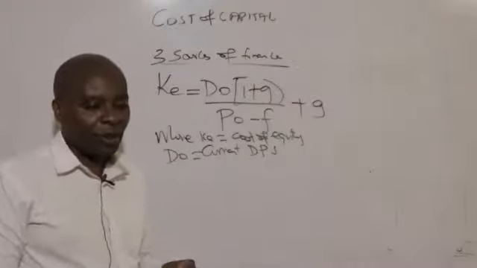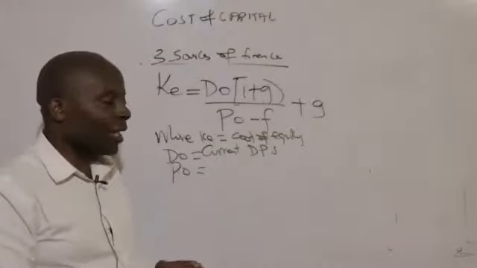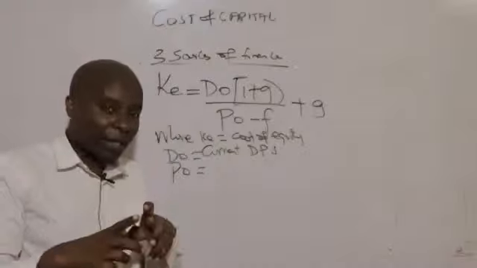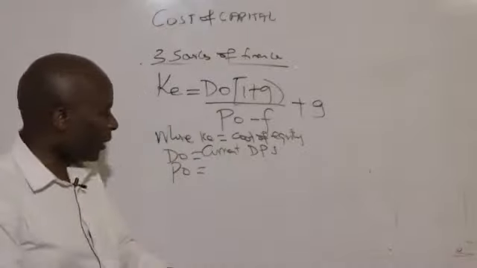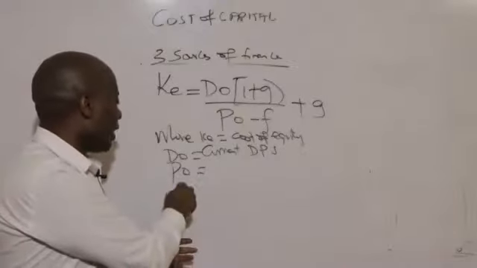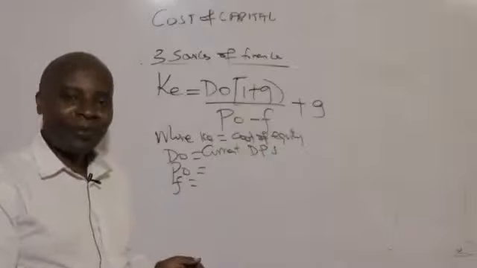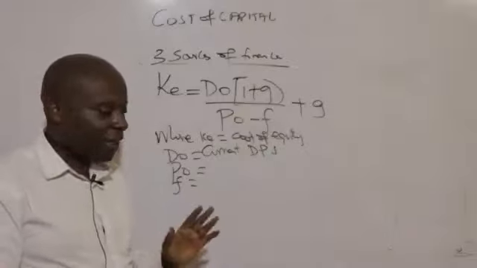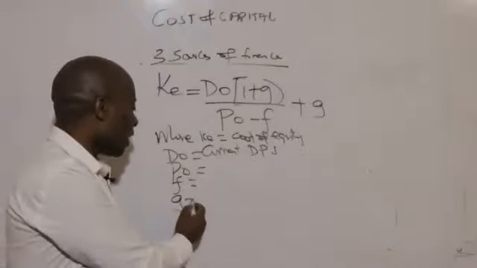And then we have P0. P0 is the current market price per share. Current because of 0. And then we have got F. F, ladies and gentlemen, stands for what here? Flotation cost. F stands for flotation cost. And then we have got g. g stands for growth rate.